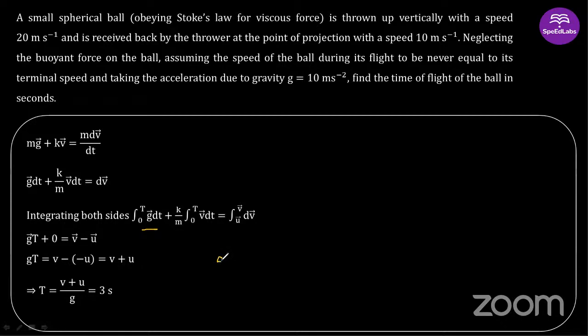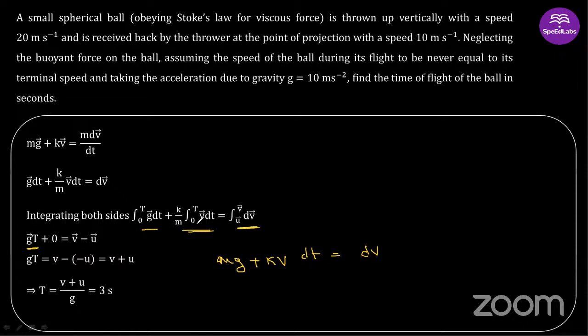Okay, I think it's mg plus kv and dt is equal to dv. And then they use gt, this became gt, 1 second. This became what, integration of v dt.